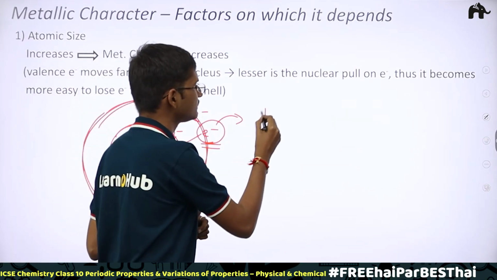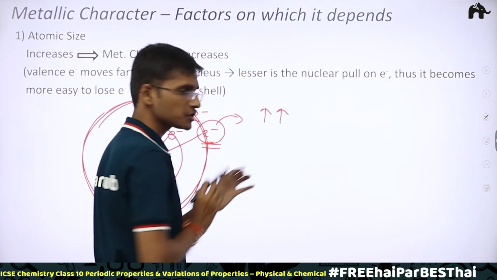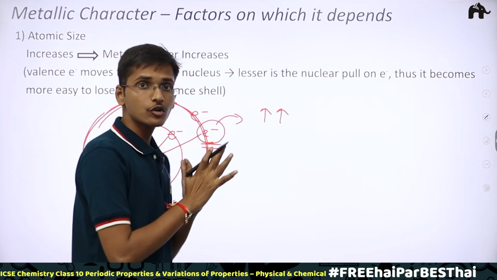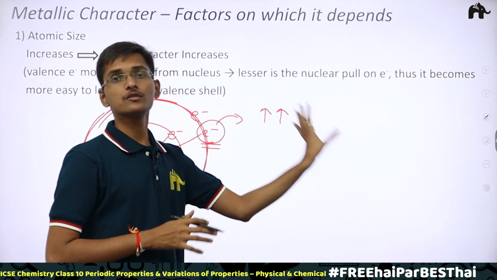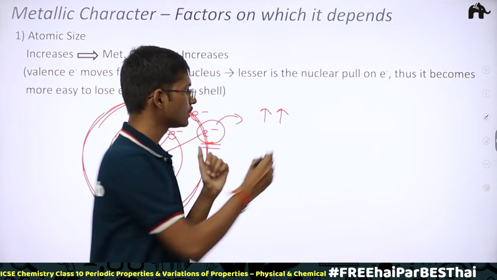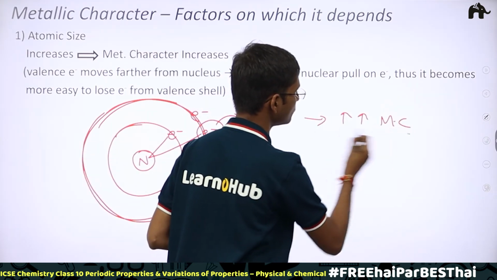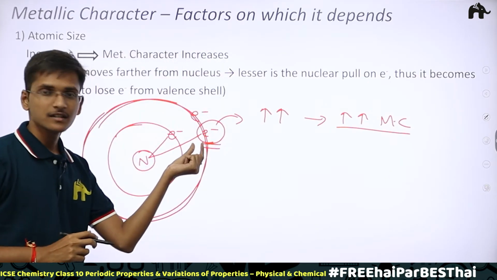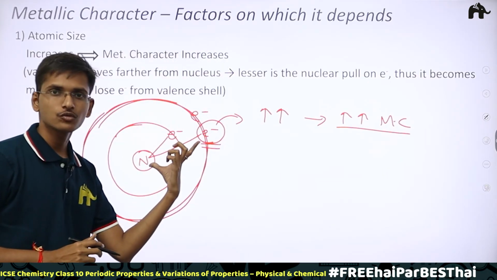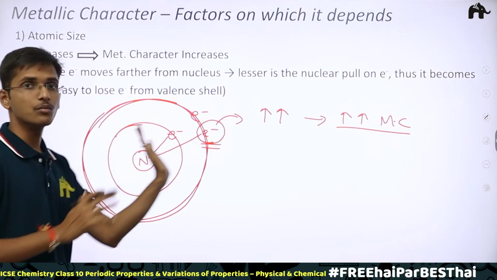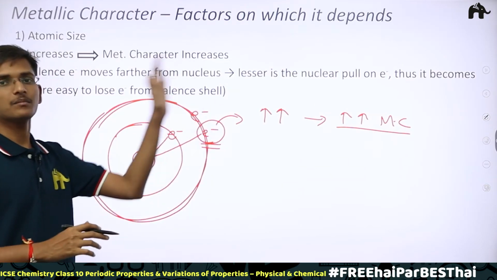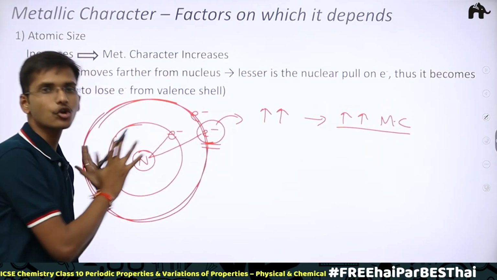Now we have also learned that if the tendency to lose electrons is more, then the metallic character is also more. So this suggests that the metallic character is also more in the case of an atom which has a larger atomic size as compared to an atom which has a lesser atomic size.